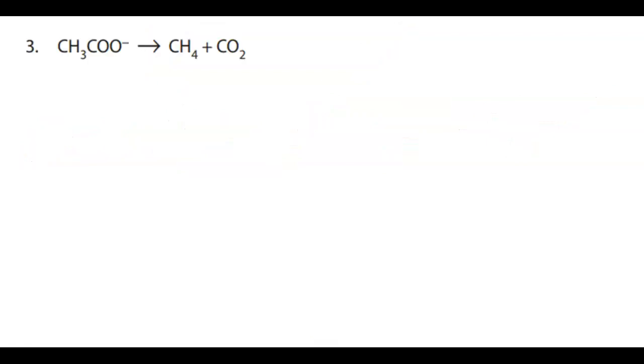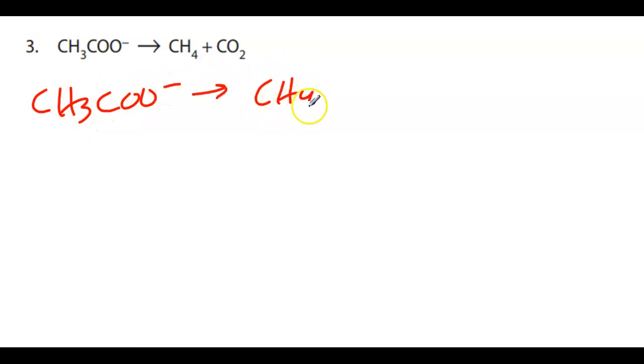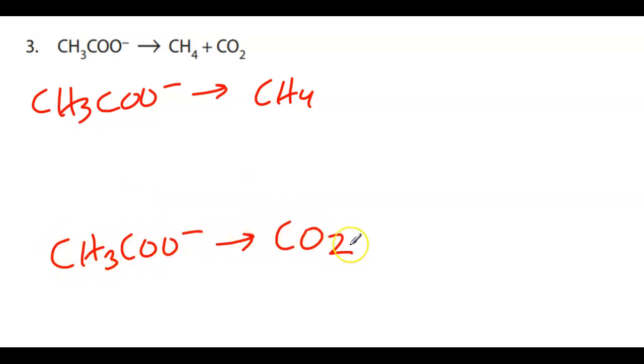Okay. So number 3, I'm not going to go through in detail because it's very similar. It's actually much more simplified than the first one. But basically, one half reaction would be this, becoming CH4. The other half reaction would be the same reactant, becoming CO2. And then again, following exactly the same steps.